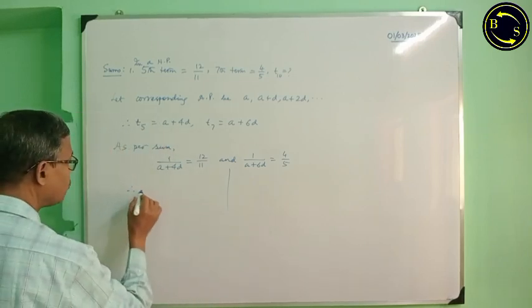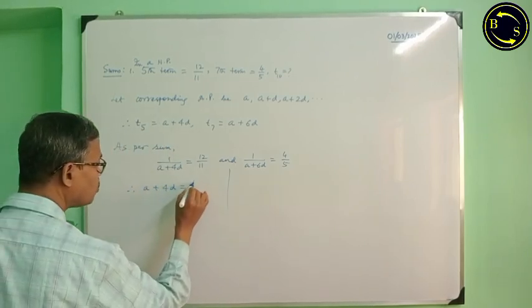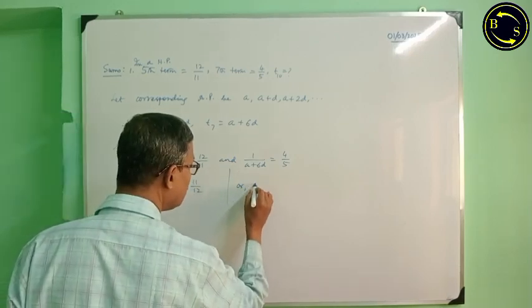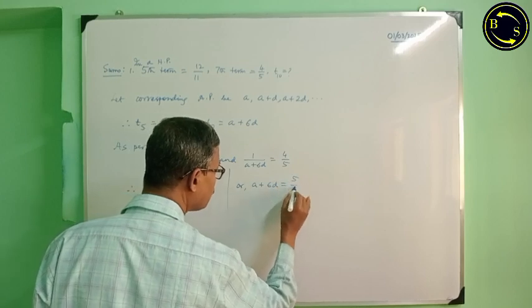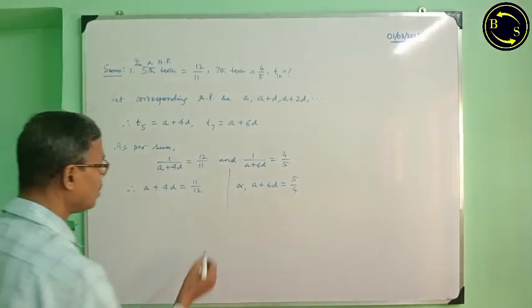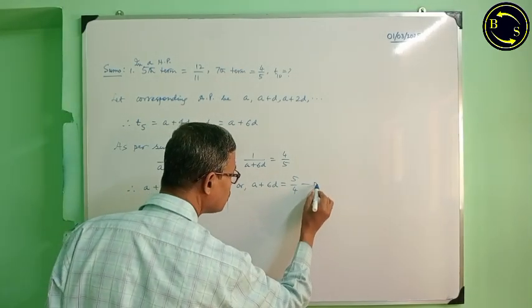Therefore, we get the equation A plus 4D is equal to 11 by 12, and from it A plus 6D is equal to 5 by 4. Now, we shall solve for A and D. For that, I take this as equation 1, this is equation 2.